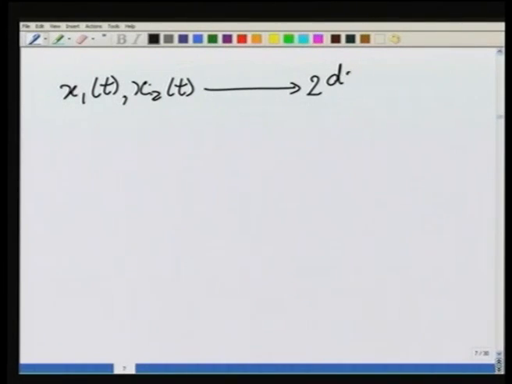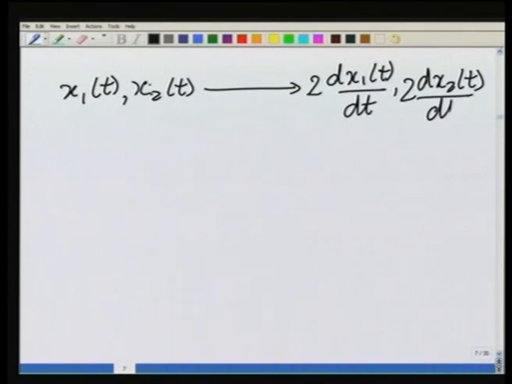That would give us 2 dx1(t)/dt as the output for the first signal, and 2 dx2(t)/dt as the other output. So, for this pair of inputs we get this pair of outputs separately. Now, let us see what happens when we add this pair of inputs. We would of course get x1(t) plus x2(t) as the combined input.